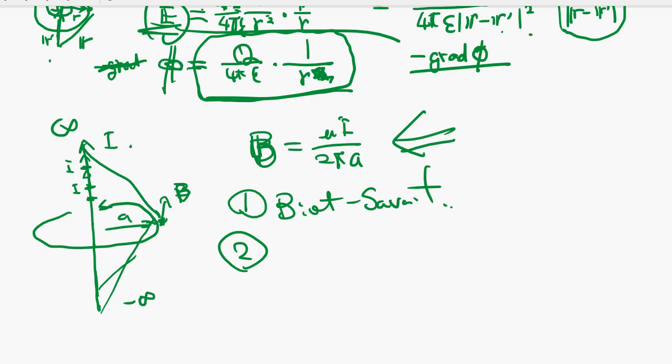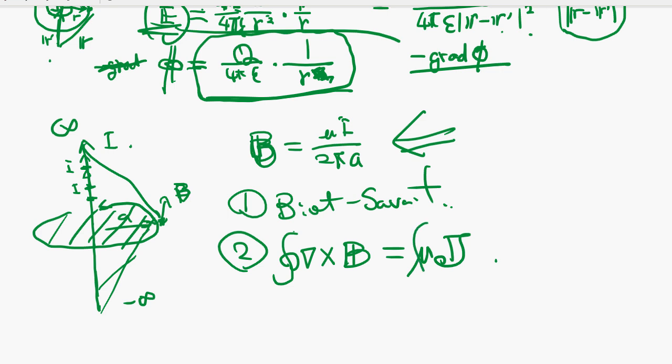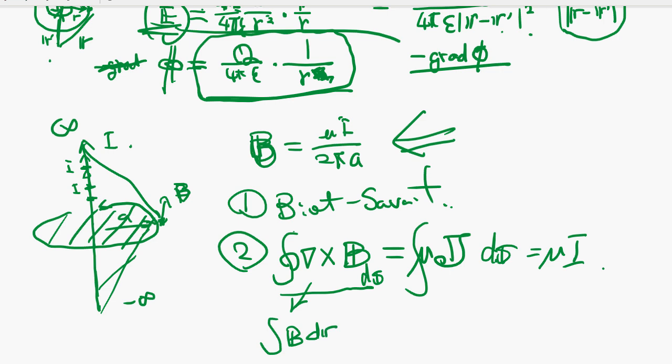The second method is to use this, right, and you take an integral in this plane, and this becomes I, and this integral, remember the equations, Stokes theorem, according to Stokes theorem, it's going to be B dr, right?